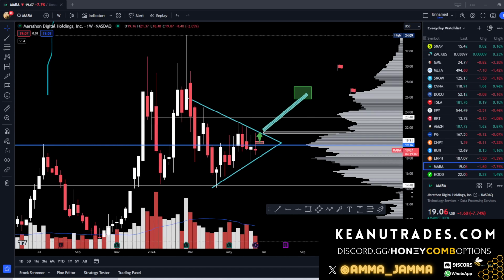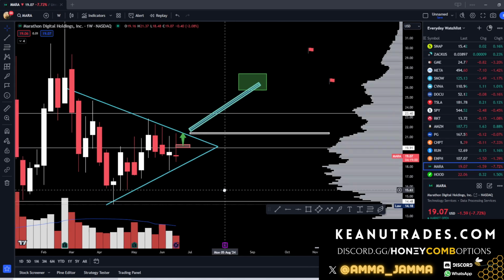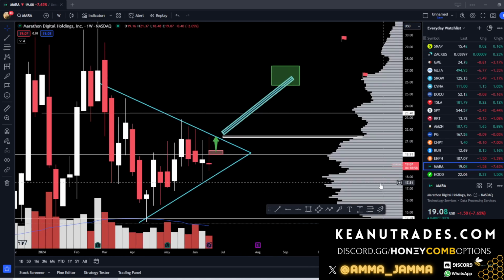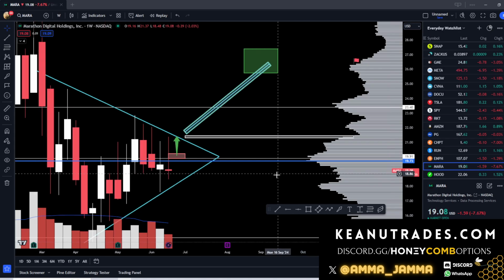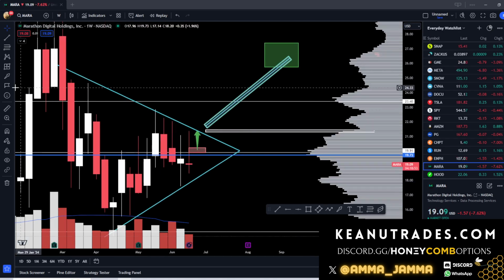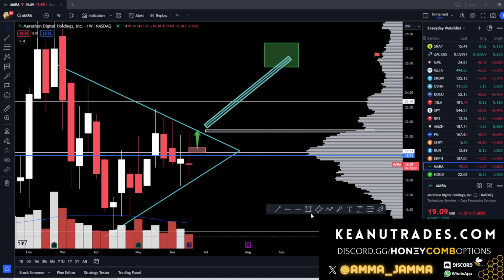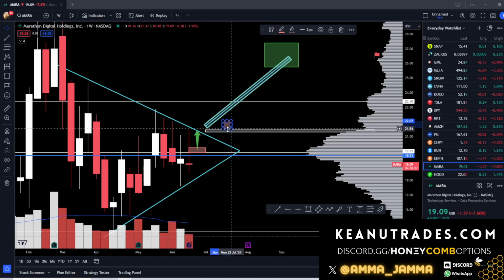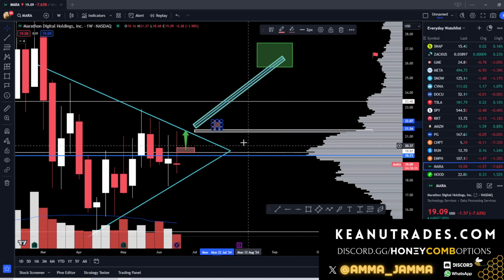As far as ranges for taking profit targets, this and that, I'm going to be brutally honest when I tell you this, guys. If you're the type that takes profits immediately, you have to tighten these stop losses insanely tight. So if you're the type of person that sees 25% 3 days later around 22.16, which is right here, and this is where you have to be honest with yourself.